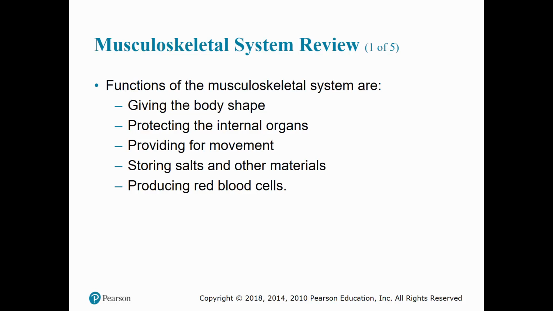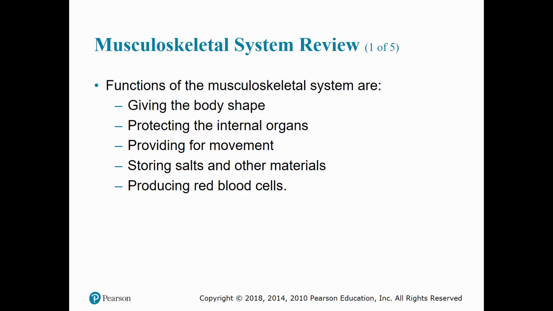Now, our musculoskeletal system is what shapes our body. It allows our organs to be protected, such as in our rib cage. It protects our greater vessels, our heart, and our lungs, and our cranium, our skull, protects our brain as well.